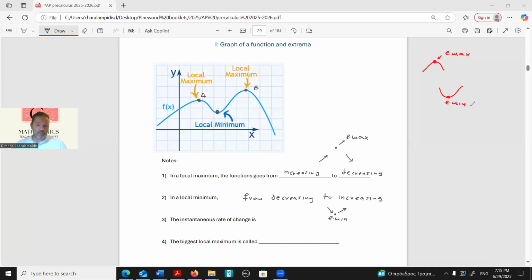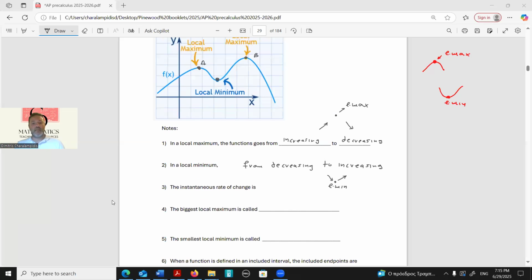These are locals. Regarding the totals, the biggest local maximum of all is called the total maximum. Similarly, the smallest local minimum is called the total minimum. So we have four different types, locals and totals.